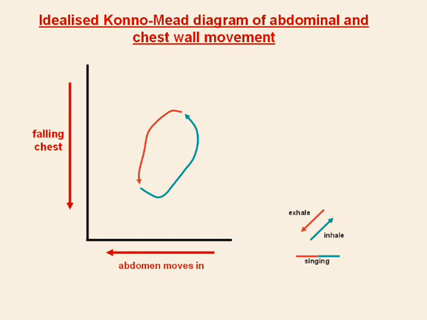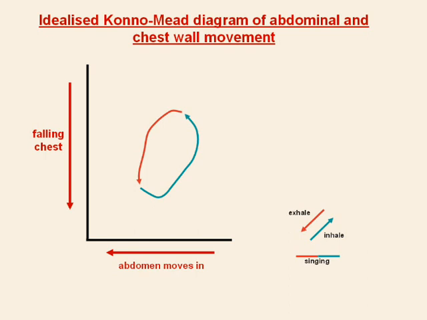In order to interpret the diagram, you need only remember that downward movement represents a falling of the chest, and that movement to the left represents compression by the abdominal wall. But it is important to note that there is no time dimension on the diagram, so that there is no indication of how long each phase lasts.